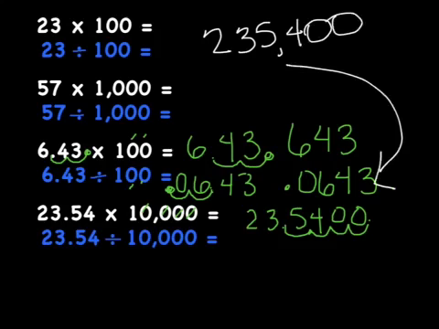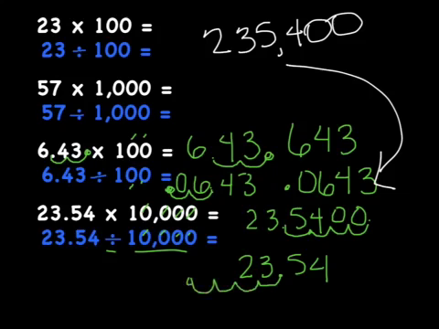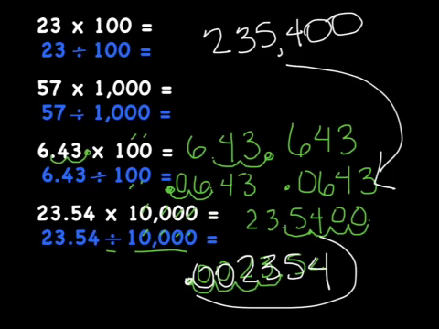And then the last one, 23 and 54 hundredths divided by 10,000. 1, 2, 3, 4 decimal places. So 1, 2, 3, 4. Add your decimal and 2 zeros. So your answer is 0.002354.